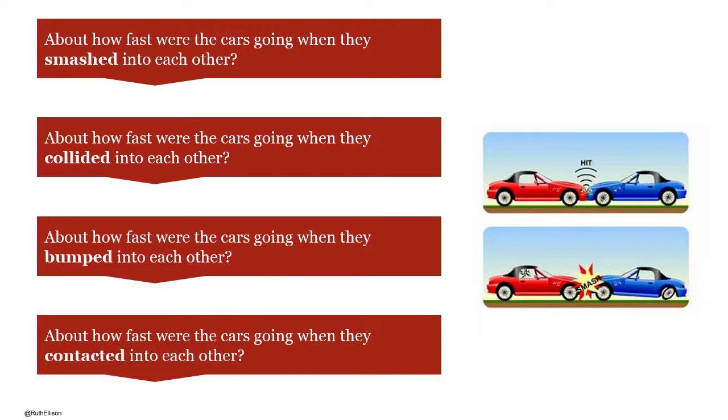What they found was that with the same question, if you change one word, it had a massive impact on the results. In this case, we had smashed, collided, bumped, and contacted. The one with smashed produced the highest average estimation of the speed. It just shows that changing one word that you think might be harmless can make a big difference in the way people respond to you.